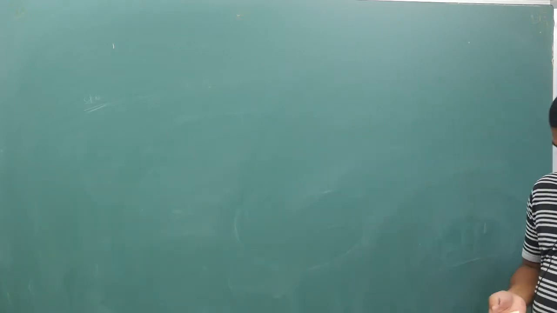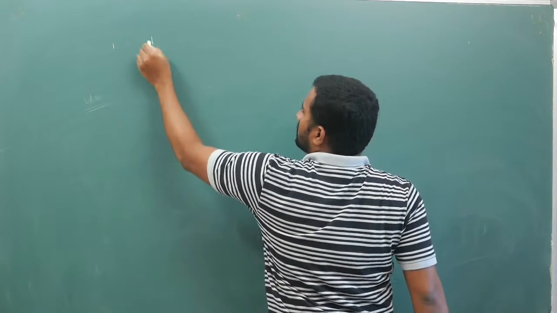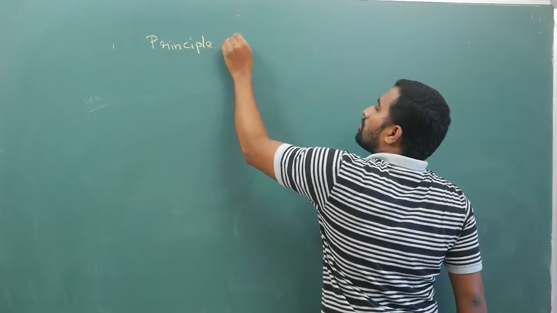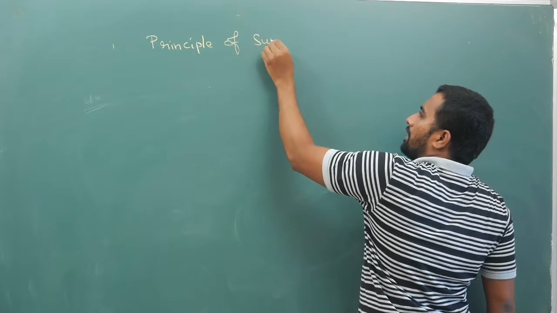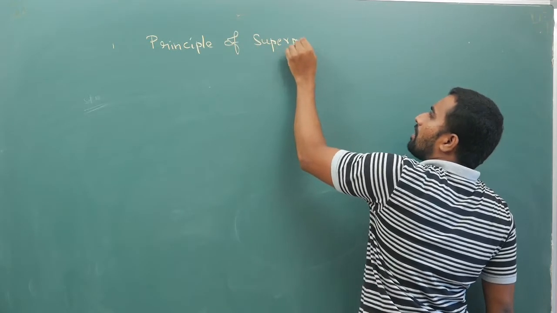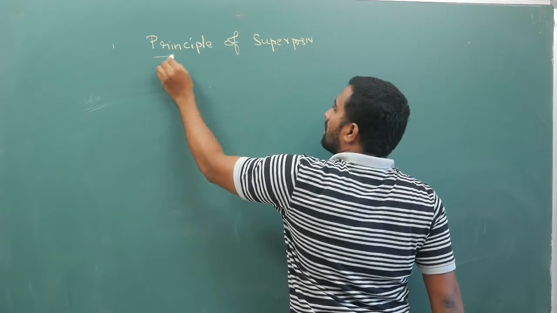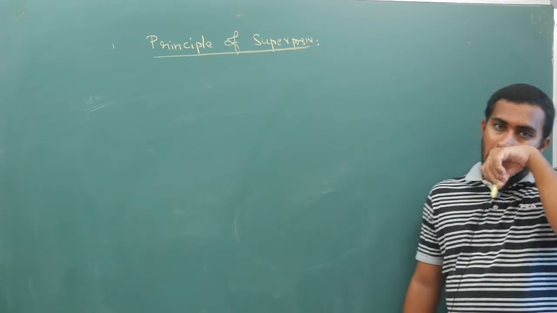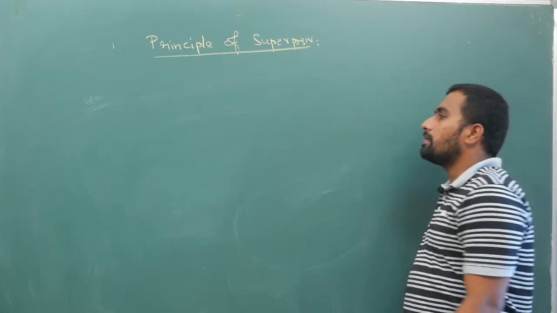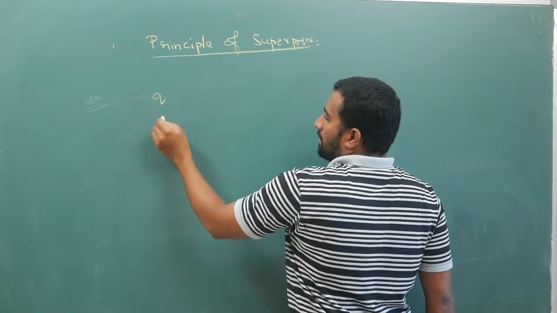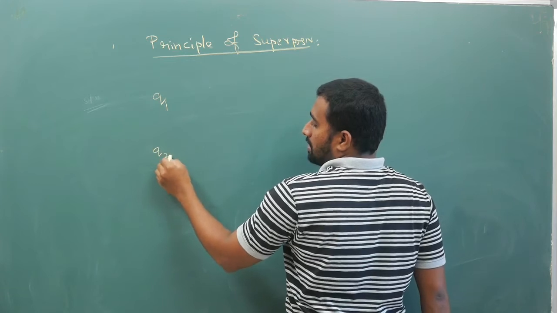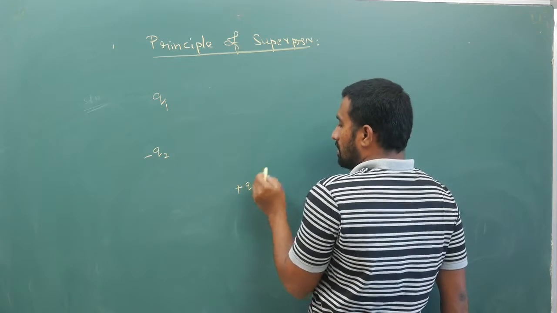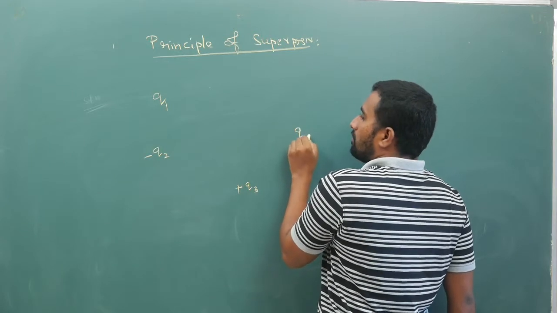Now in the principle of superposition, as I told you many times, always consider the force on a particular body or charge. So when there are multiple forces acting on a charge, let us say this is a positive charge plus q1, minus q2, plus q3, plus q4 like this.